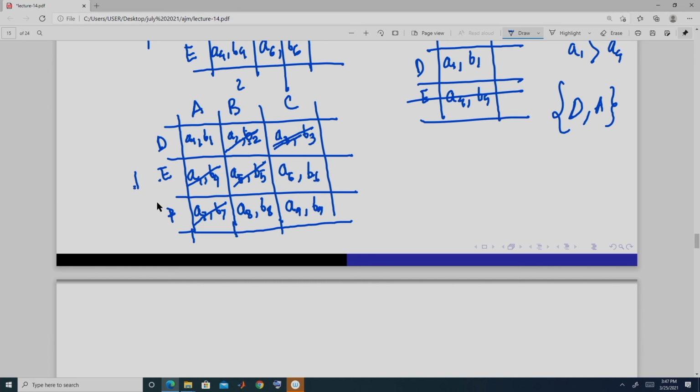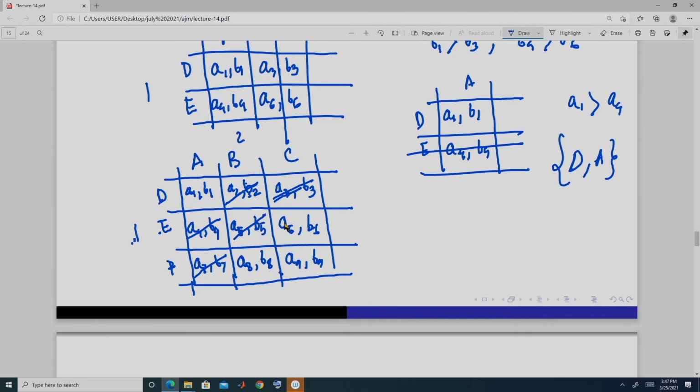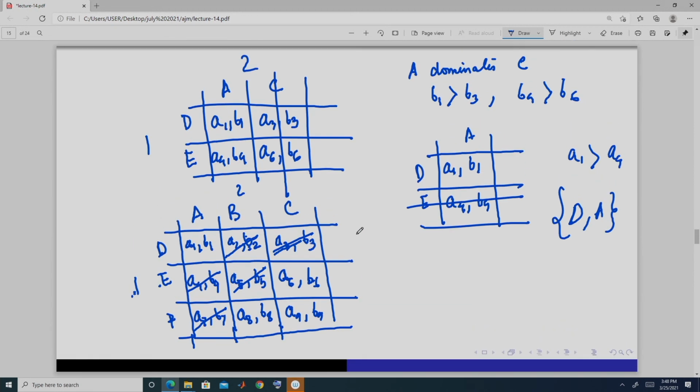Now, if player 1 is choosing E and if player 2 is choosing C, suppose it is choosing this, then we know if we compare this, A6 is greater than A. So, it is going to choose this.